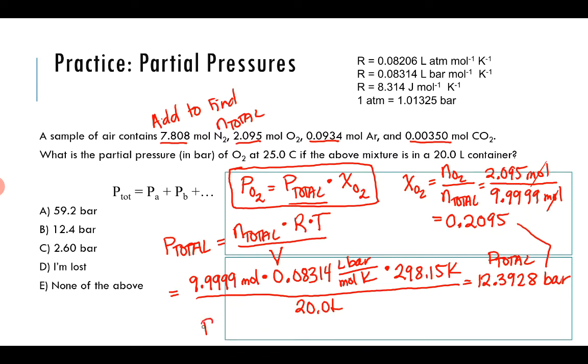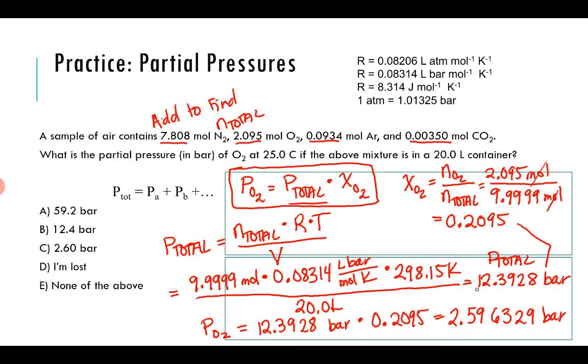So my partial pressure of O2 is equal to 12.3928 bar times 0.2095. So grab my previous number, and then I end up with 2.596329 bar.